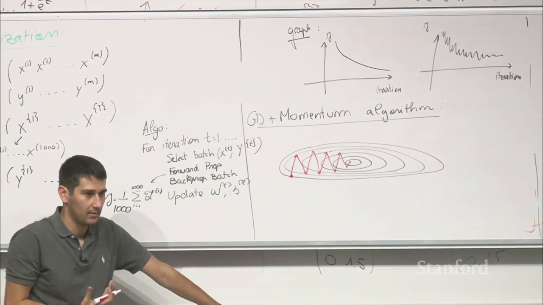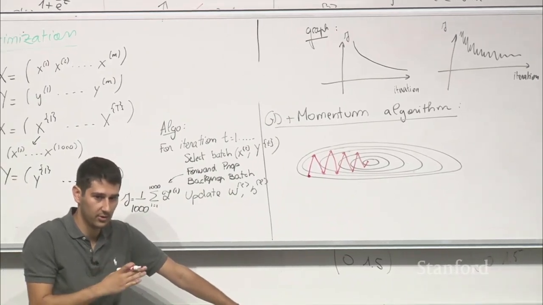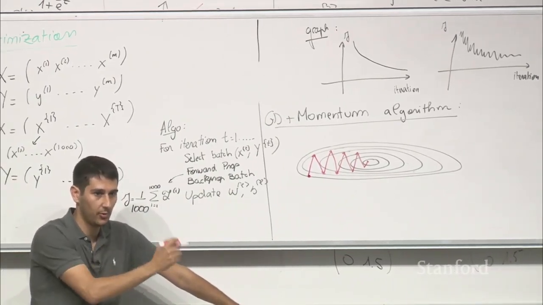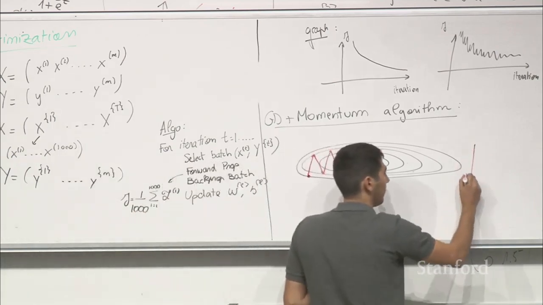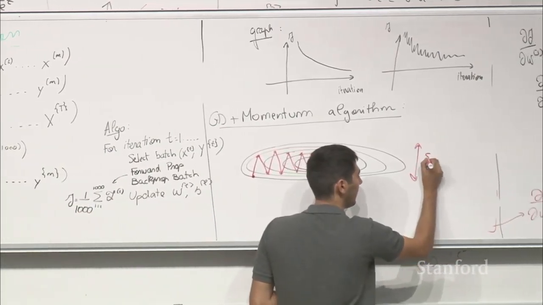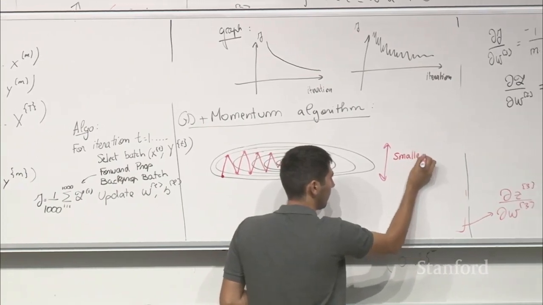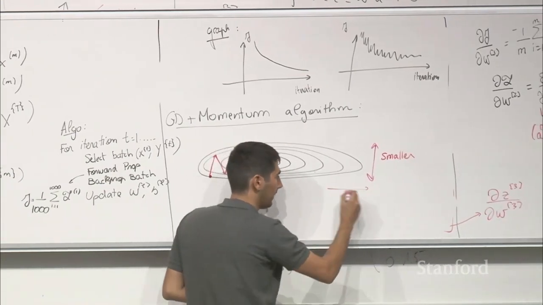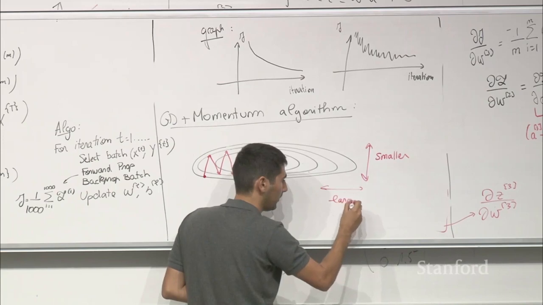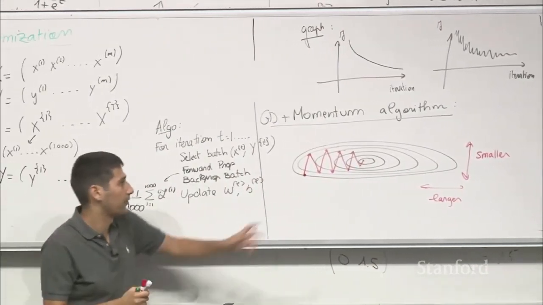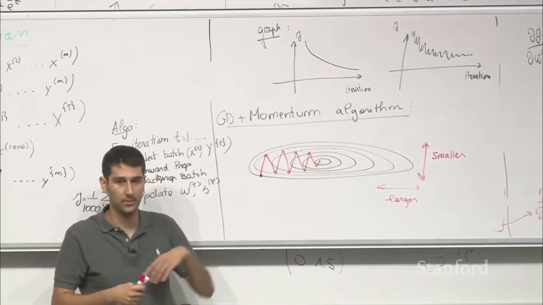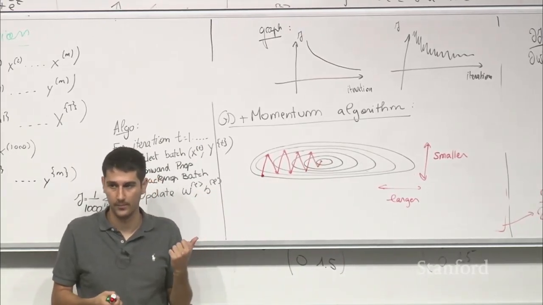What you would like is to move faster on the horizontal axis and slower on the vertical side. So on this axis, you would like to move with smaller updates, and on this axis, you want to move with larger updates, correct? If this happened, we would probably end up in the minimum much quicker than we currently are.